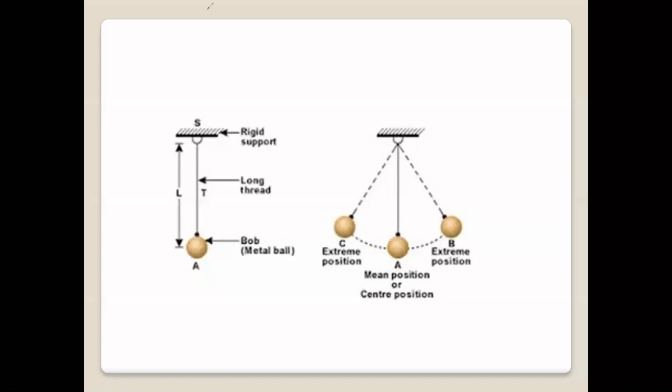When the pendulum is not vibrating, that position of the pendulum is known as the mean position. So when the pendulum is not vibrating, the center position of the pendulum is called the mean position. So this position A is known as the mean position.